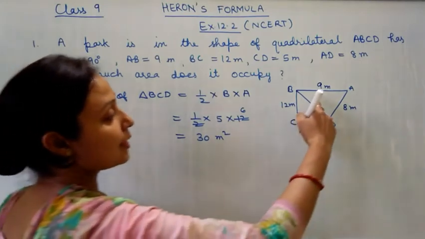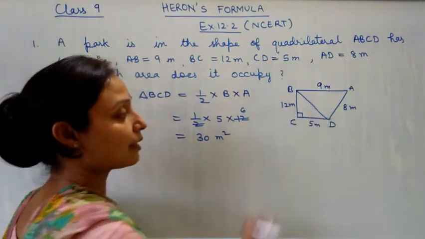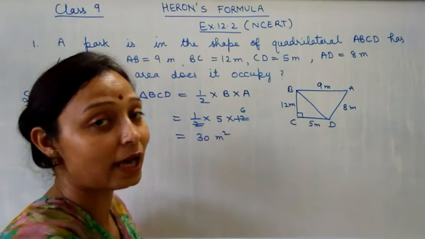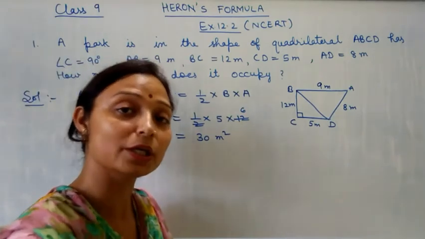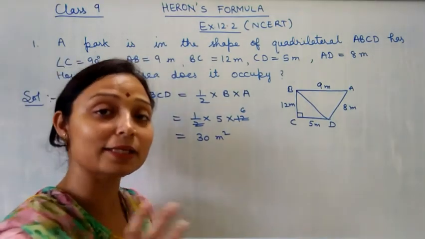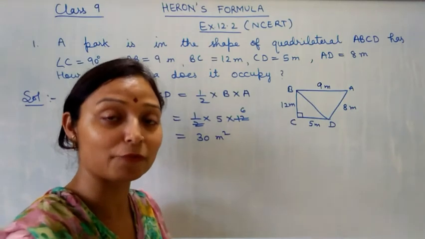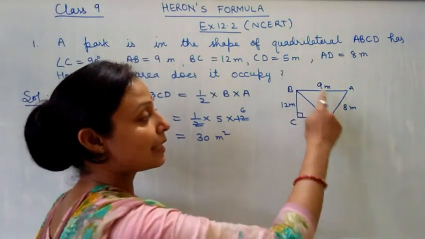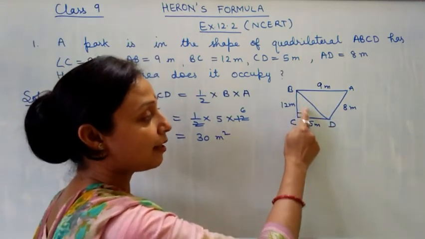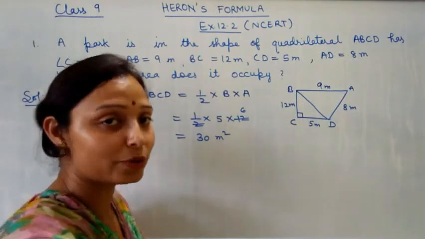Now come to the other triangle. It is not a right angle triangle, so we have to find the area using Heron's formula. For Heron's formula we need 3 sides, but only 2 sides are given. We will find the third side using Pythagoras theorem.